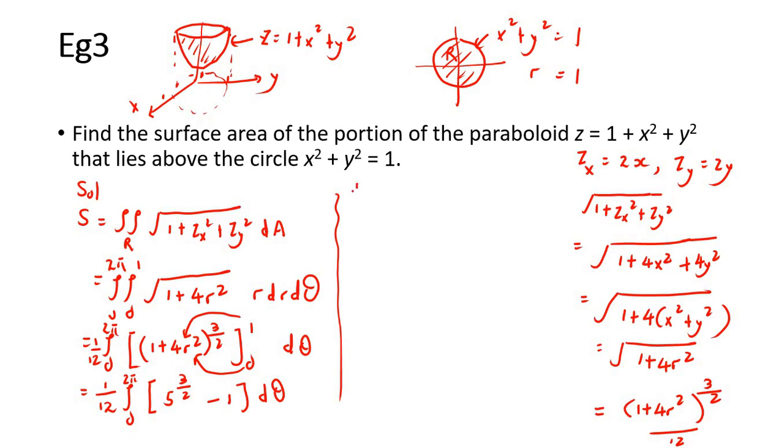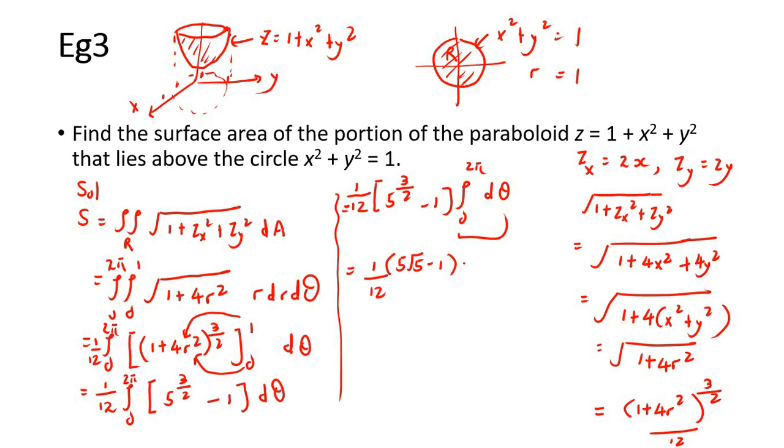So we have 1 over 12, then (5 power 3 over 2 minus 1), integrate 0 to 2 pi d theta. This one will have 1 over 12, and this will become 5 root 5 minus 1.